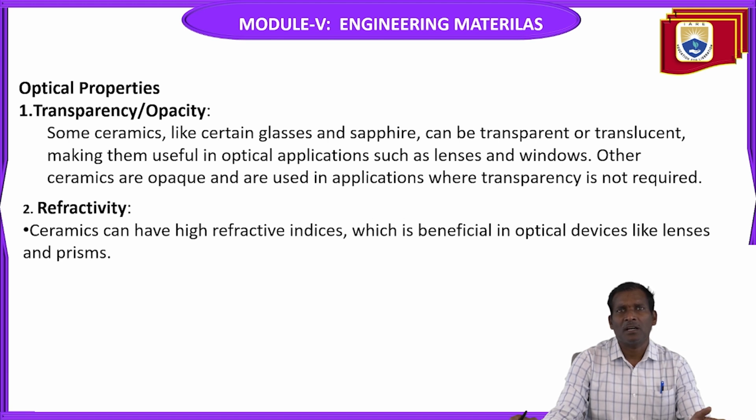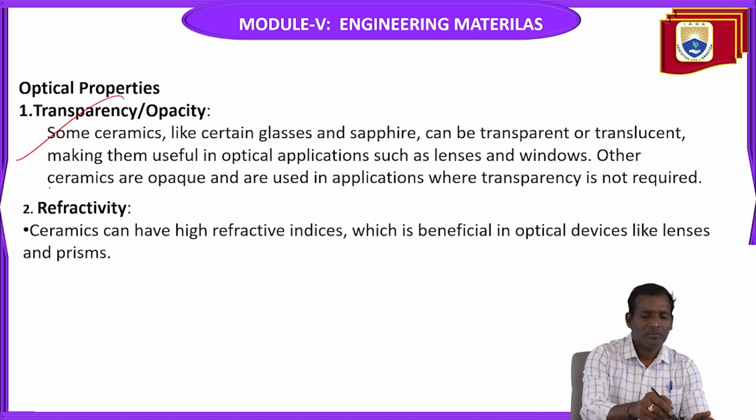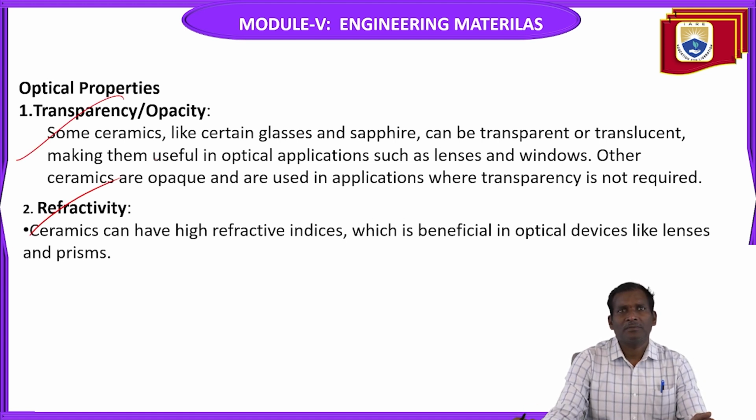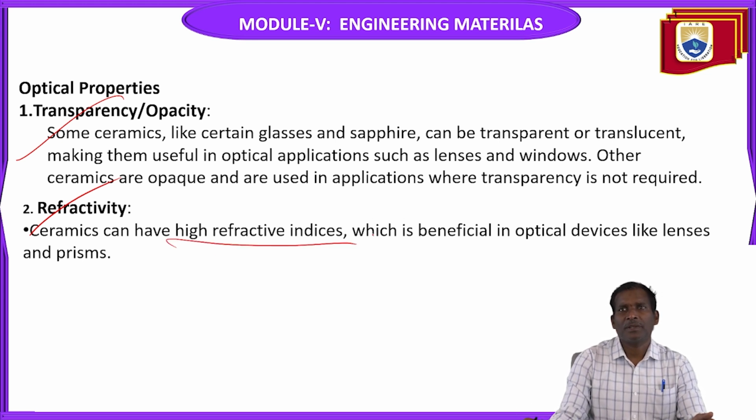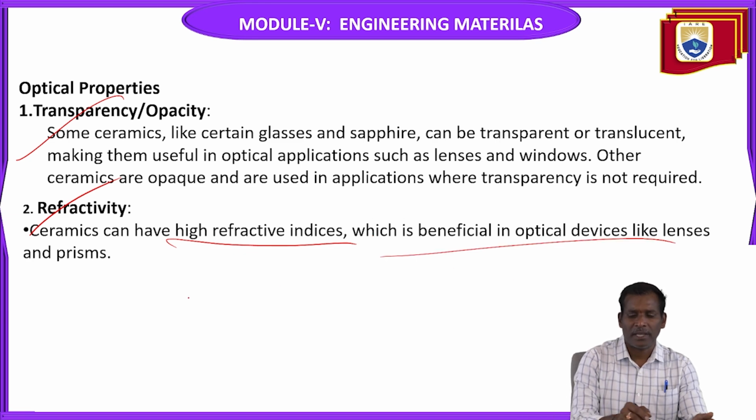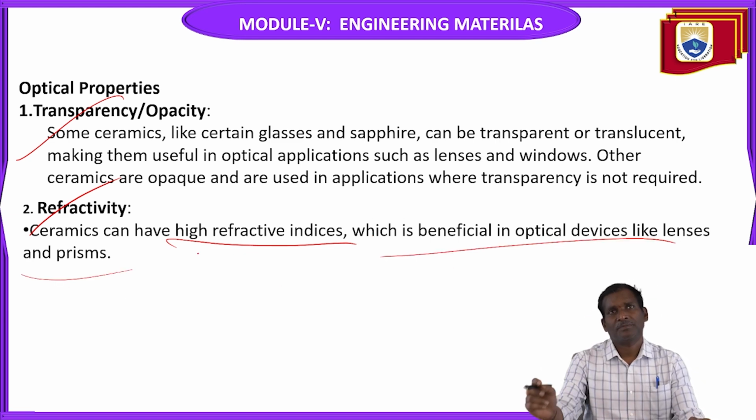The other ceramics are opaque and are used in applications where transparency is not required. Refractivity. Ceramics can have high refractive indices, which is beneficial in optical devices like lenses and prisms.